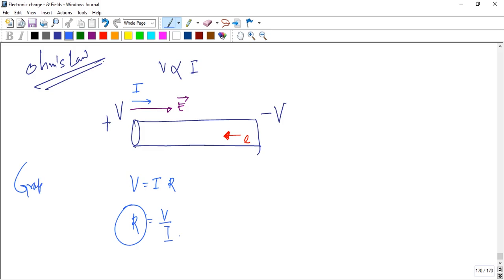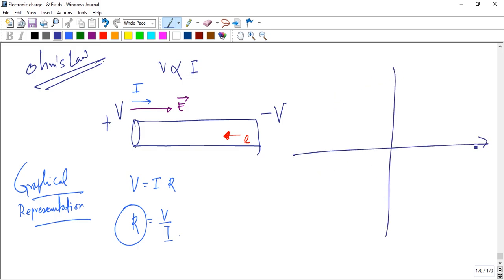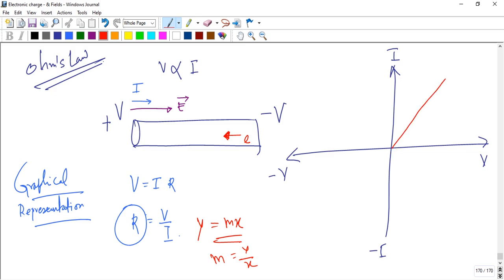Plotting I against V, that is a simple expression, y equals mx, a straight line expression, where m equals y by x. Its graph looks like a straight line.